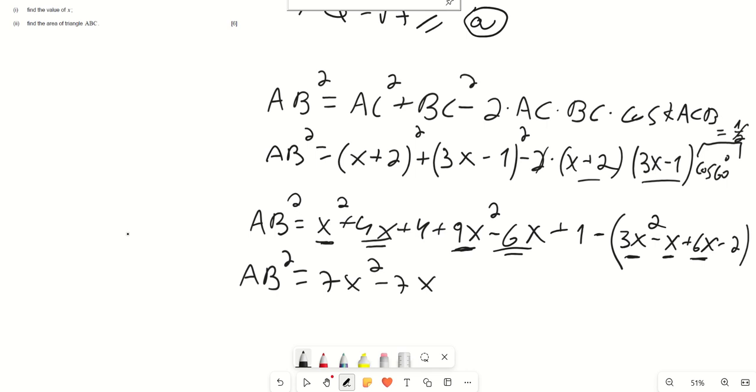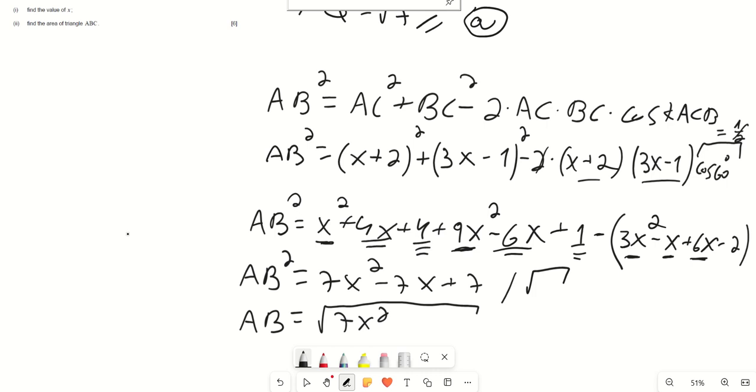And now the numbers, 4 and 1 is 5, and plus 2 is 7, so this is AB squared. I need to take the square root of that, and I get the square root of 7x squared minus 7x plus 7, which is exactly what I need to show. So this is the answer to B.